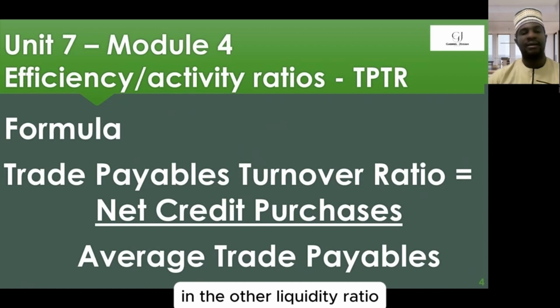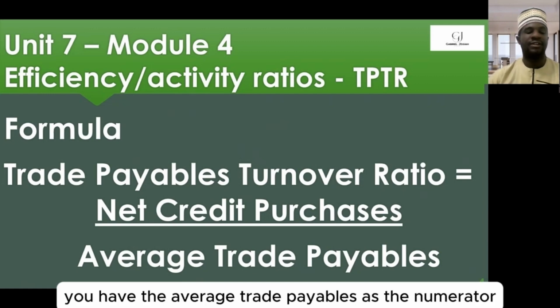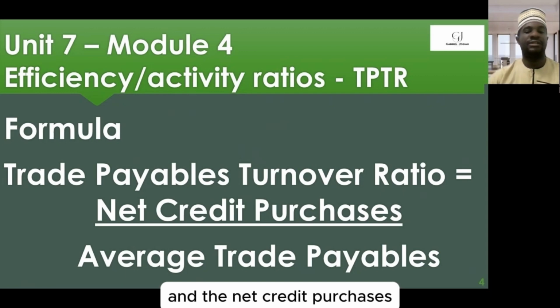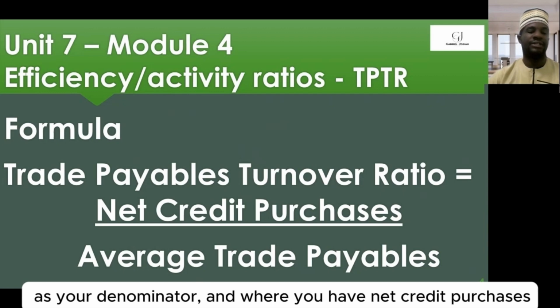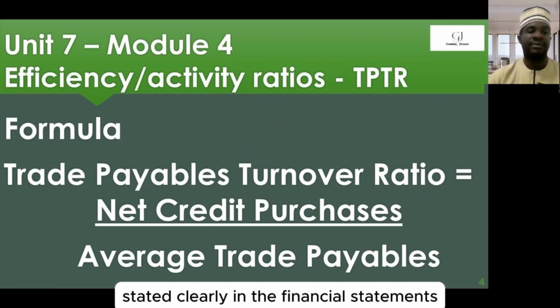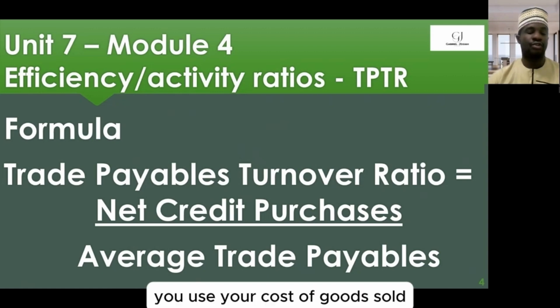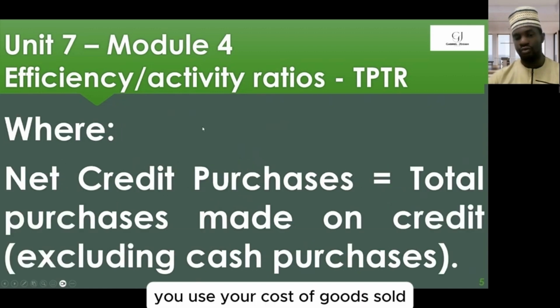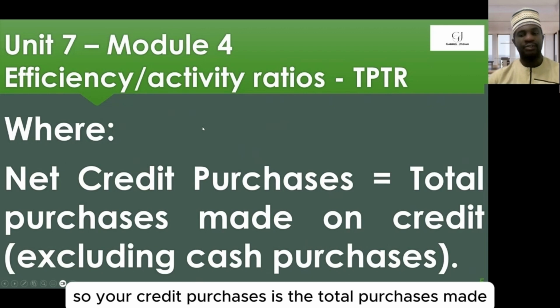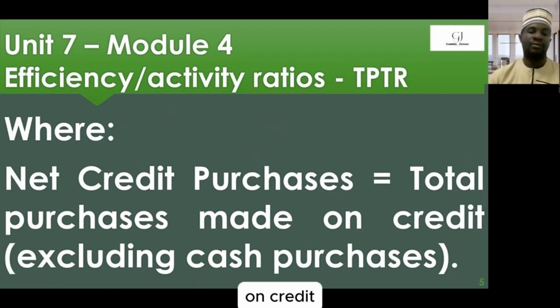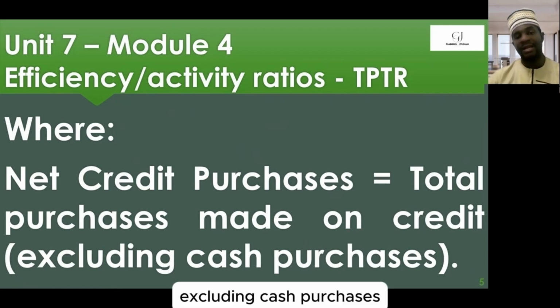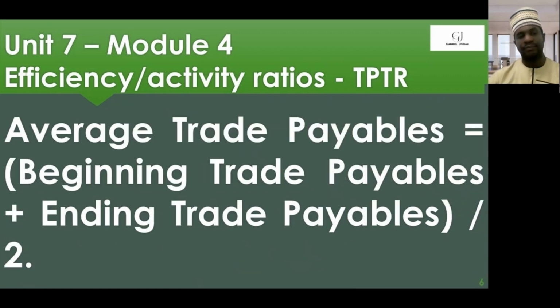In the other liquidity ratio, you have the average trade payables as the numerator and the net credit purchases as your denominator. And where you don't have net credit purchases stated clearly in the financial statements, you use your cost of goods sold. Your credit purchases is the total purchases made on credit, excluding cash purchases.